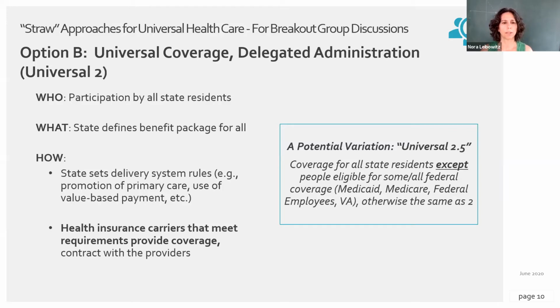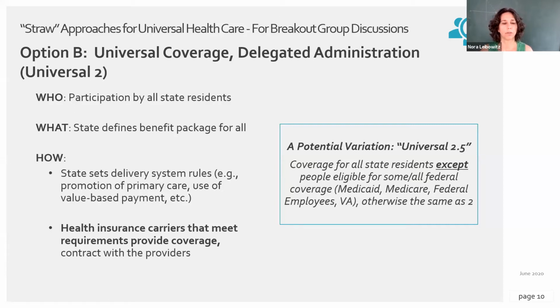And just because this came up in one of the questions that we got, when we talk about state residents, we're not talking about coming to prove that you exist. It's just a way to talk about all Washingtonians, regardless of current coverage and regardless of citizenship or immigration status.